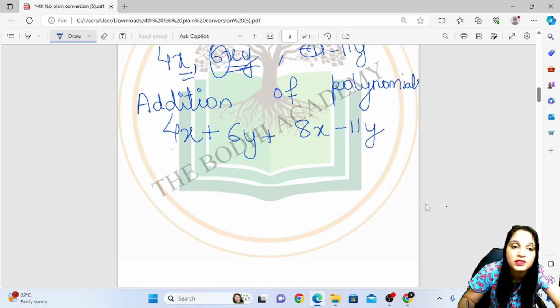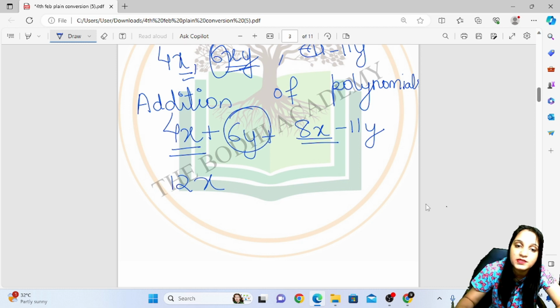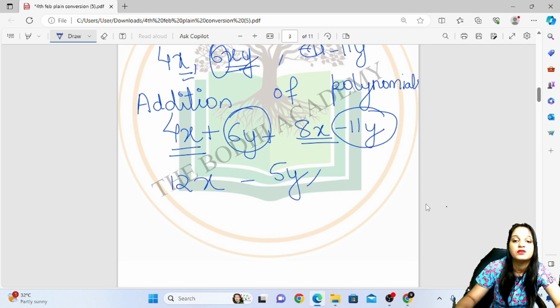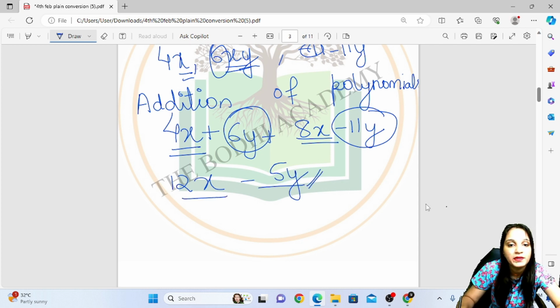Now we can see the like term of 4x is 8x. So only these you can add. 4 plus 8 is 12x. And the like term of 6y is minus 11y, which gives minus 5y. And these again cannot be added or subtracted because these are unlike terms.